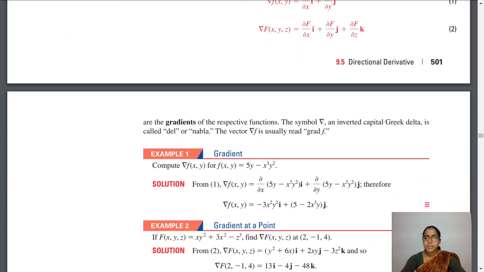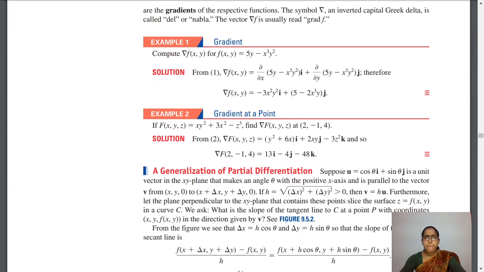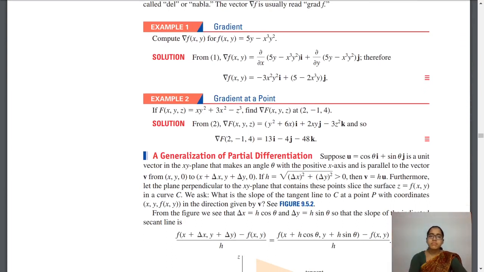Let's see an example of how we can calculate the gradient. It is easy. We have to compute the gradient of f of x, y, where f of x, y is given as 5y minus x cube y square. First we partially differentiate the given function with respect to x, keeping y as a constant.